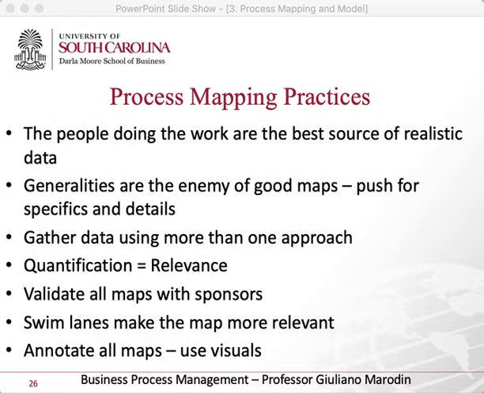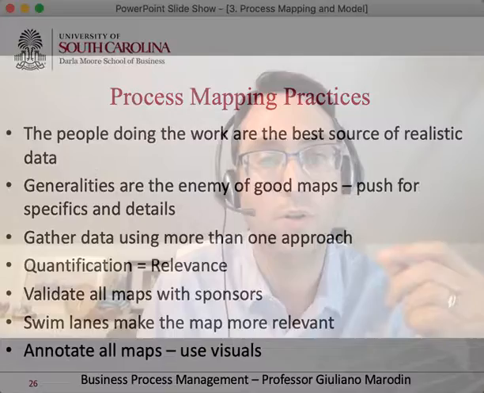So here are some quick tips. Remember that the people who are doing the job will give you information about what's going on. Generalities are our enemy, right? We want detailed and specific information, because generalities don't allow us to improve anything. Gather data with more than one approach, doing primary and secondary and flip and flop to be sure.